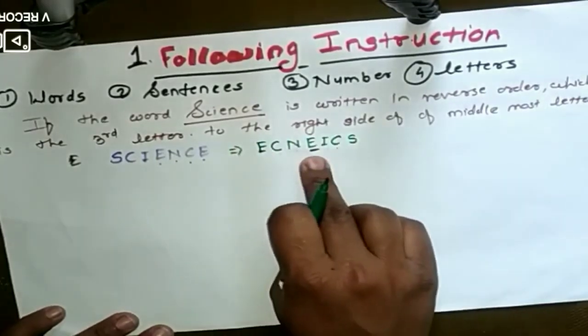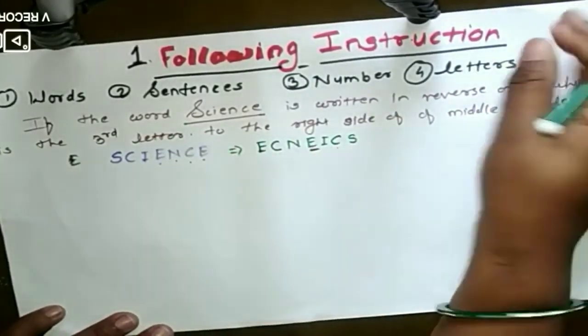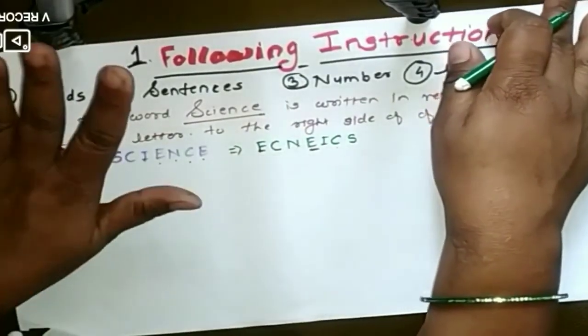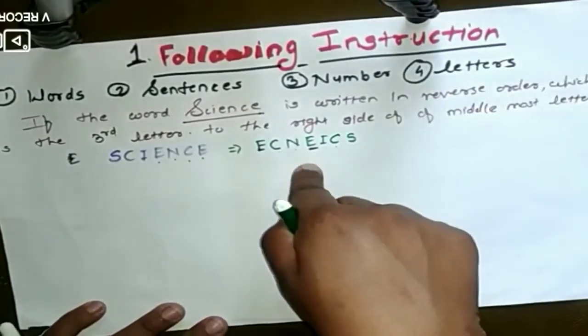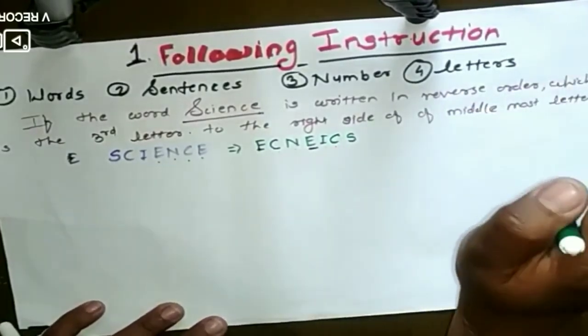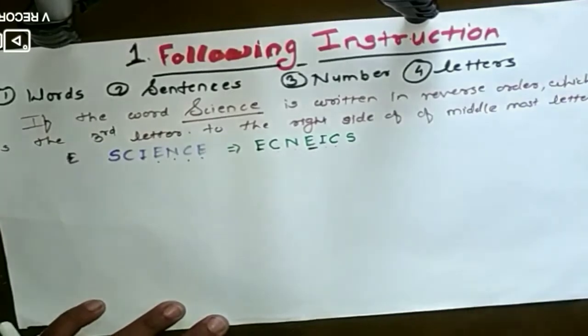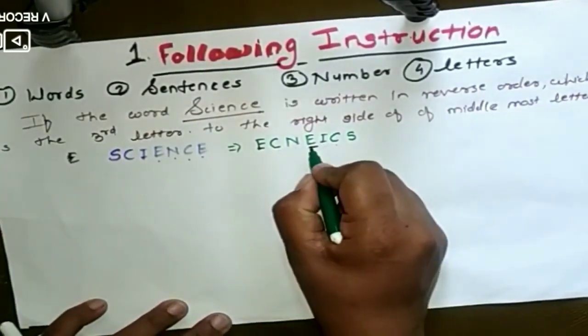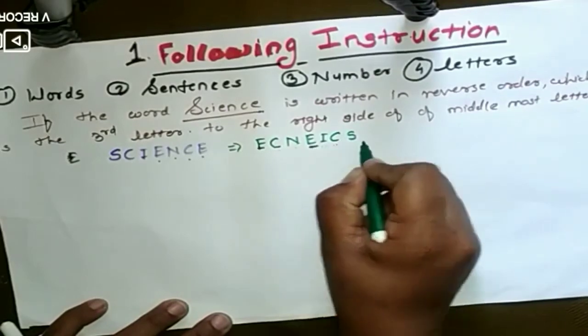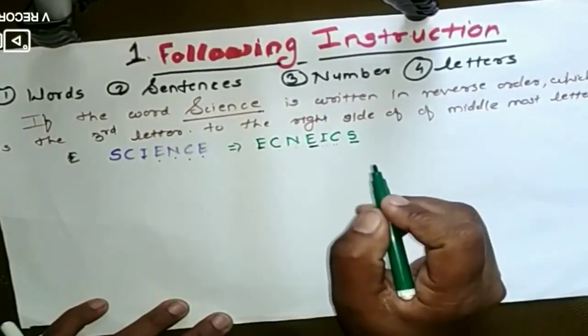The middle letter is E. If we count to the right side from the middle letter E: 1, 2, 3. S. S is its answer.